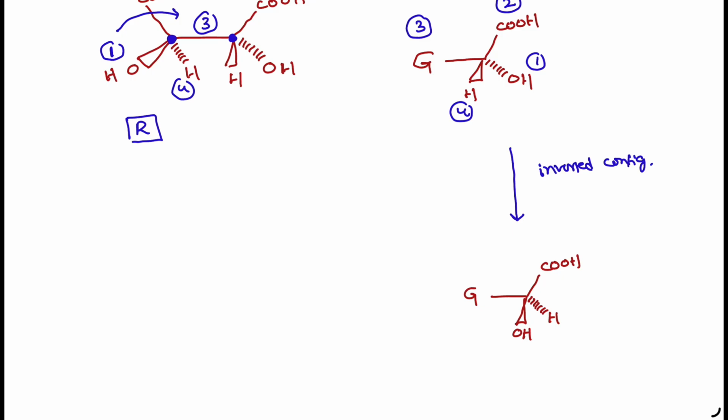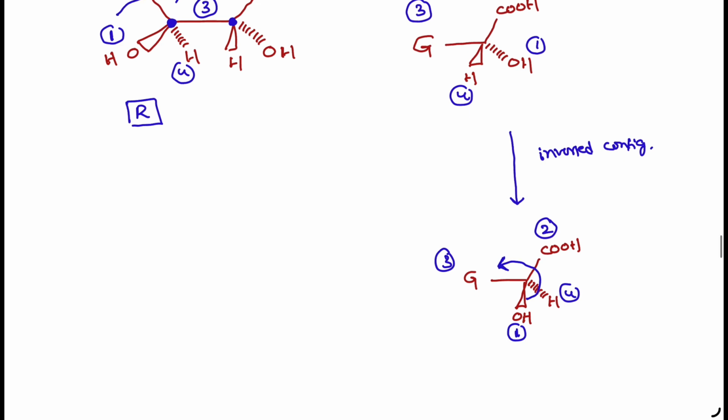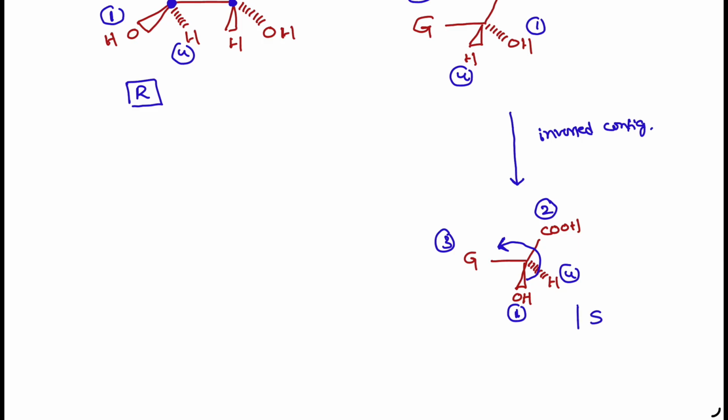Due to that exchange, OH gets first priority, COOH gets second priority, the group gets third priority, and this gets fourth priority. Now this is the correct direction. You are moving like this, in anti-clockwise direction. So that configuration is S. Due to this interchange, the configuration is inverted.